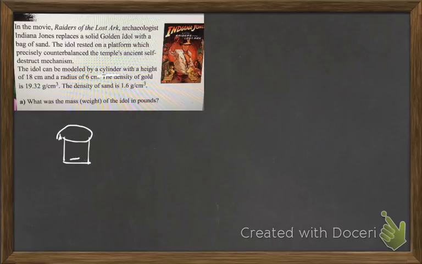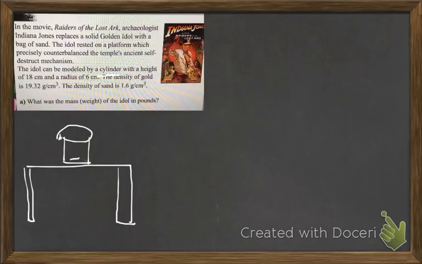I know, I'm a terrible artist. And that is sitting on a table. Okay, so here's our table. And what someone is trying to do is to take that idol away and replace it with a bag of sand really quickly, so that this way everything would appear to be the same.